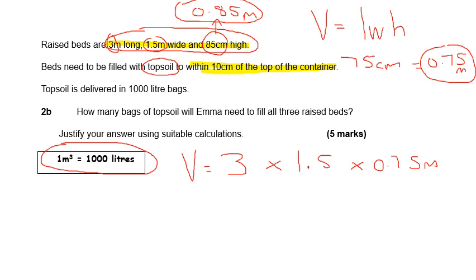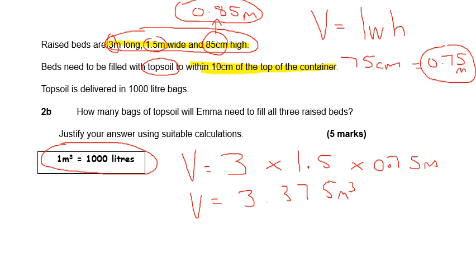So obviously very easy there to use 0.85 here instead of 0.75. You still get marks if you use 0.85 and did everything else right, but obviously to get all the marks, you needed to realize that it's 0.75 meters you use for the height. So we multiply those three things together, and that will give us 3.375 meters cubed.